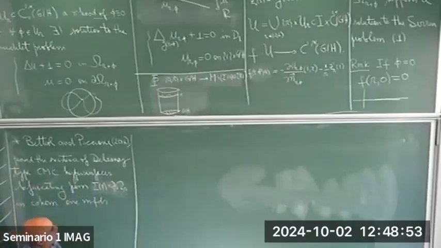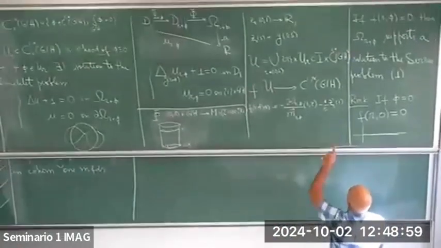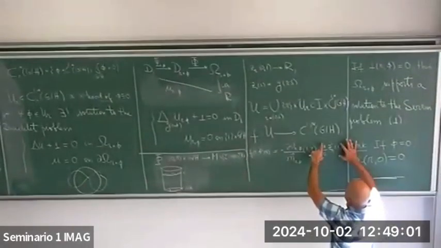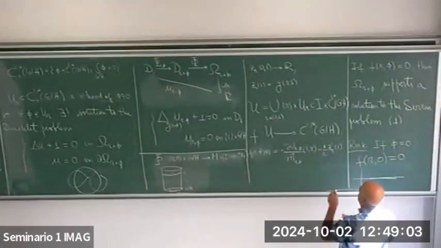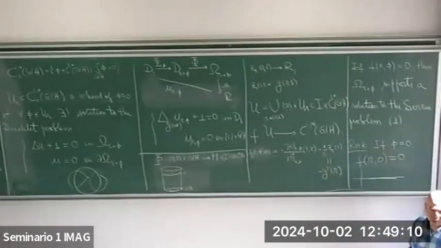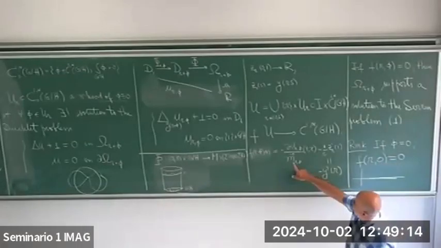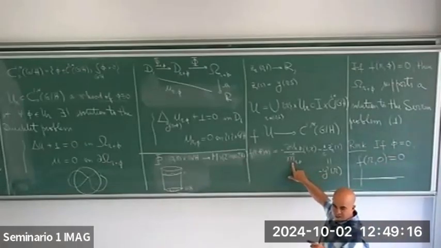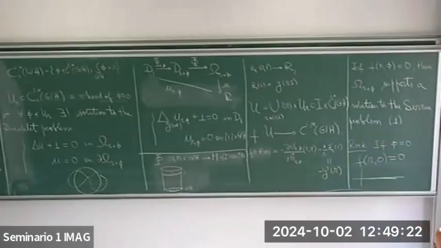Can it be different? No. If so, there's no phi here, and this is exactly minus this guy. This minus is just because of the orientation. So it is not the average of the sum.